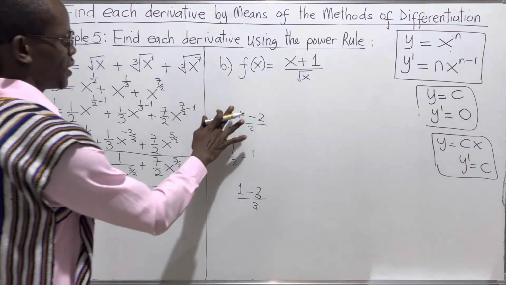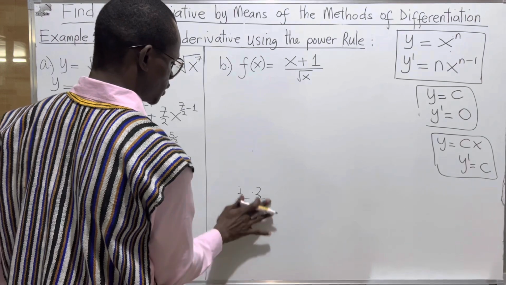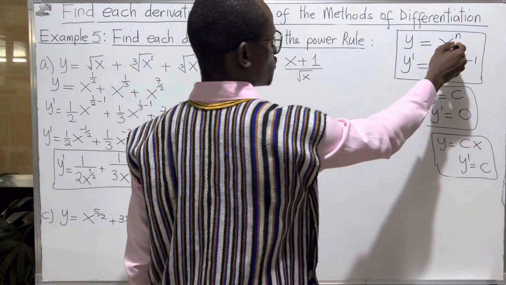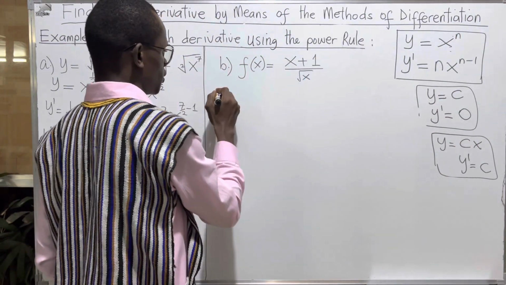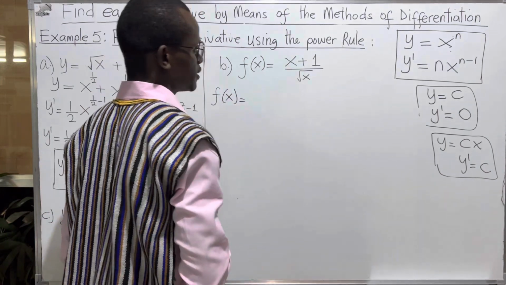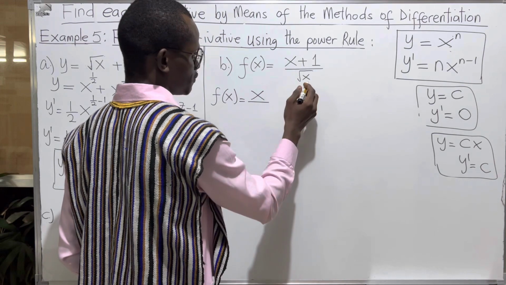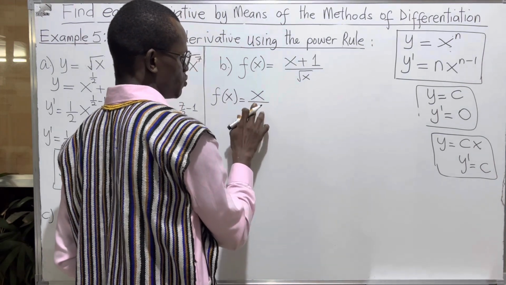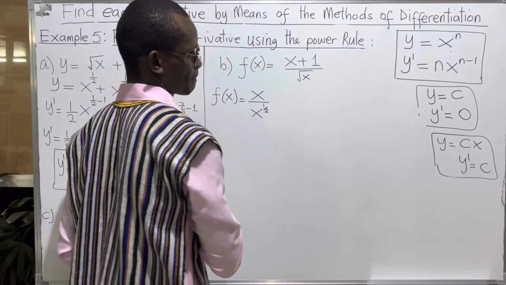We'll move to the second problem. Again, we first need to put this problem in the form x raised to some n. Because it is not in that form, we have to rewrite it. So we have f of x equals x divided by the root of x, which is the denominator, and we know the root of x is x raised to the power 1 over 2, right?